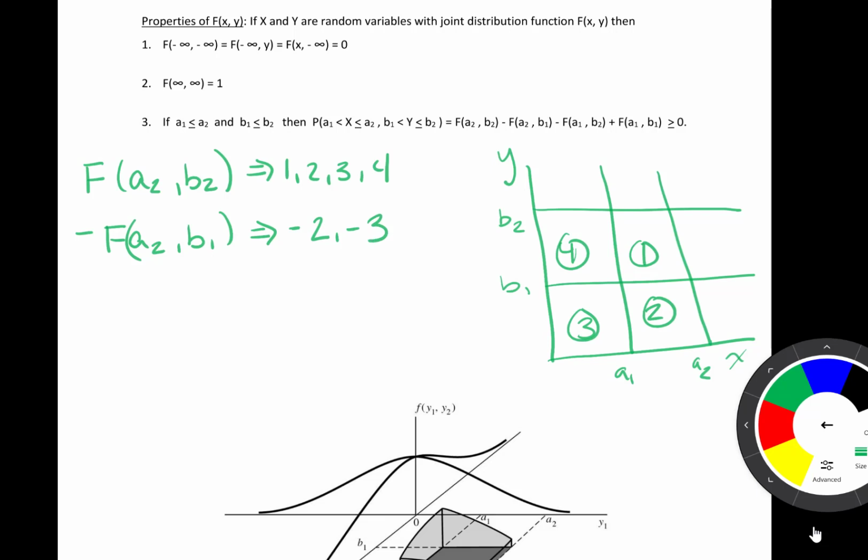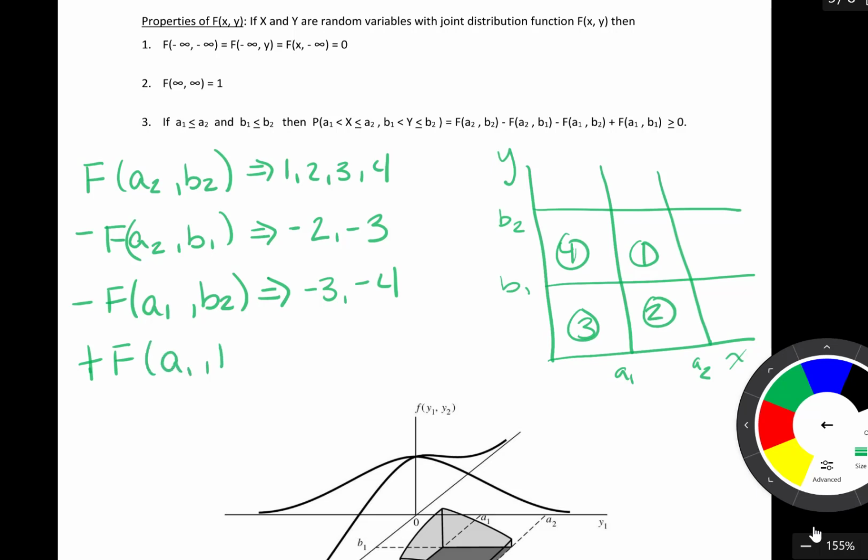Then we could subtract off F of a1, b2. Well, if we're less than a1 and less than b2, that's going to be subtracting off region 3 and region 4. And then if we add back on F of a1, b1, that's going to correspond just to region 3. So notice if we do this, what we're looking at is this equation right here.